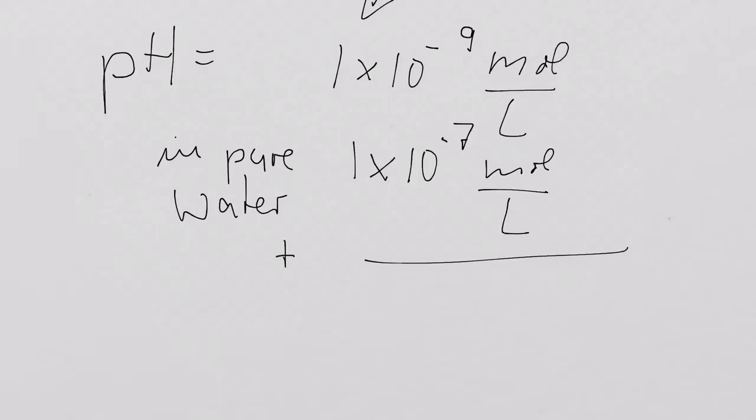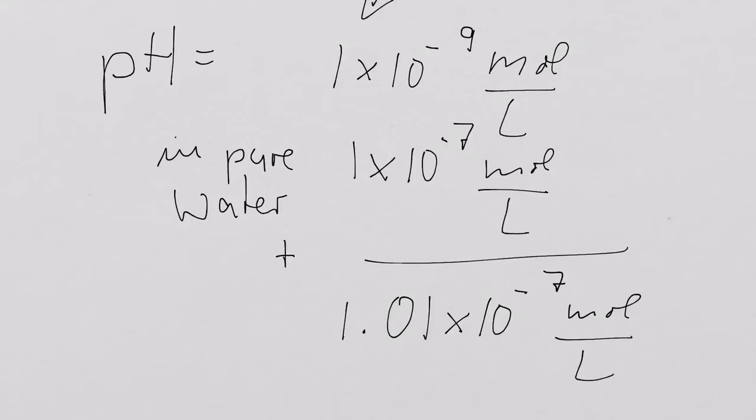So we have 1.01 times 10 to the minus 7 mole per liter, because if you add 1 times 10 to the minus 7 plus 1 times 10 to the minus 9, you get this number here. Right? True? So when we deal with a very dilute acid, we have to take the concentration of the protons of pure water into account.